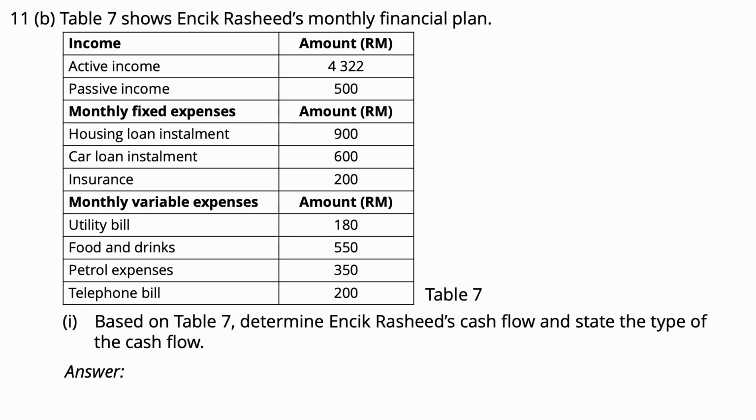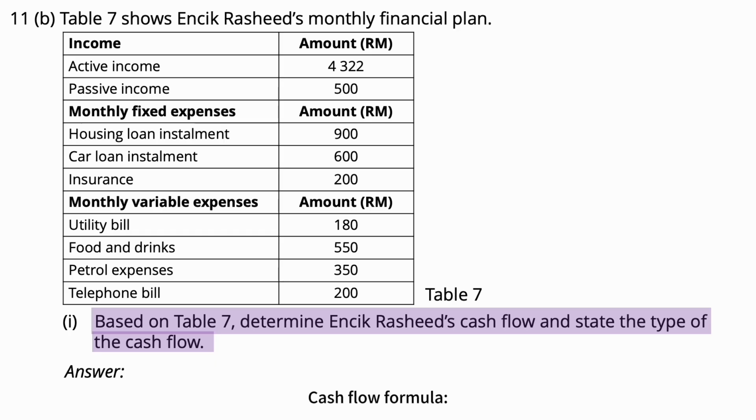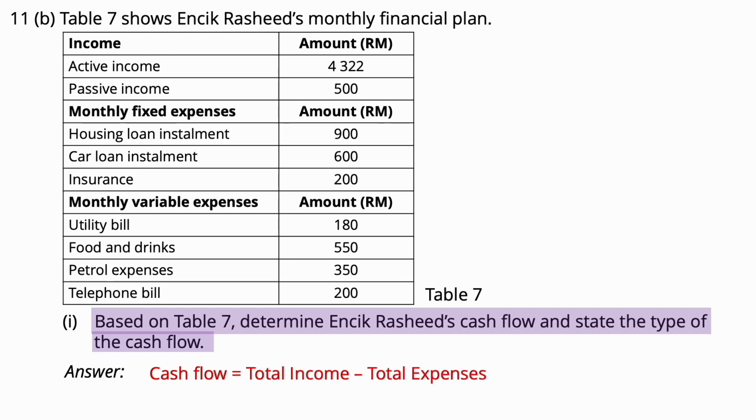B. 1. Based on Table 7, determine Encik Rashid's cash flow and state the type of the cash flow. Cash flow formula. Cash flow equals total income minus total expenses.